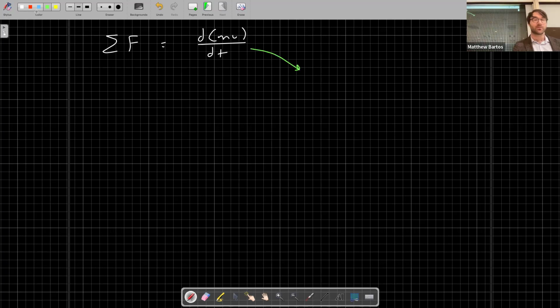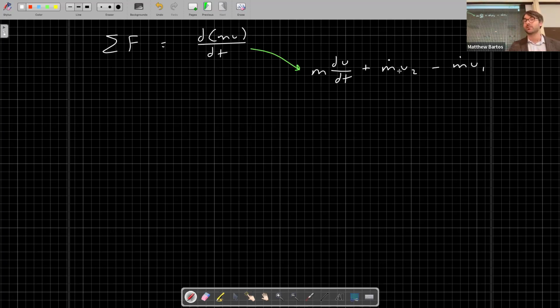If you remember from our earlier discussion and from Reynolds transport theorem, the net rate of change of momentum is equal to the mass times the time rate of change of the velocity plus the momentum flux out minus the momentum flux in.